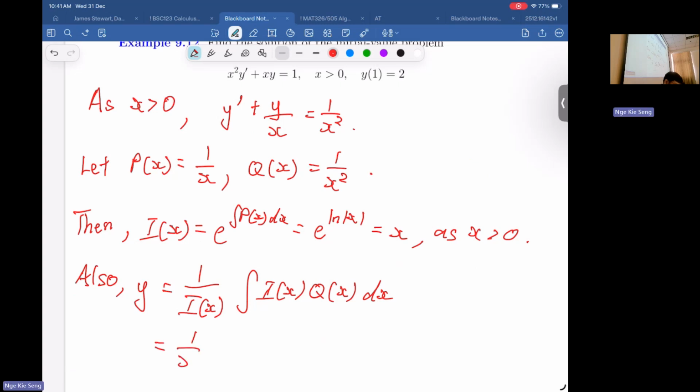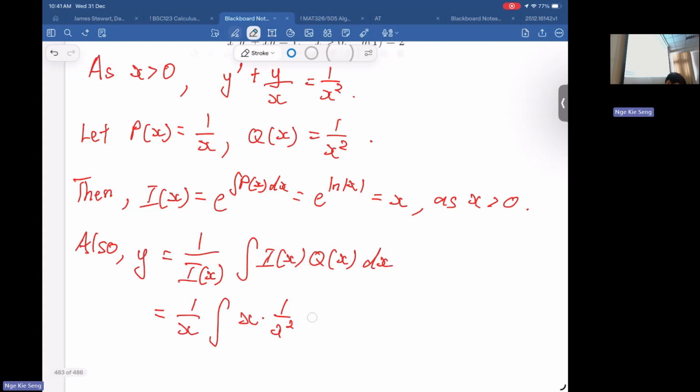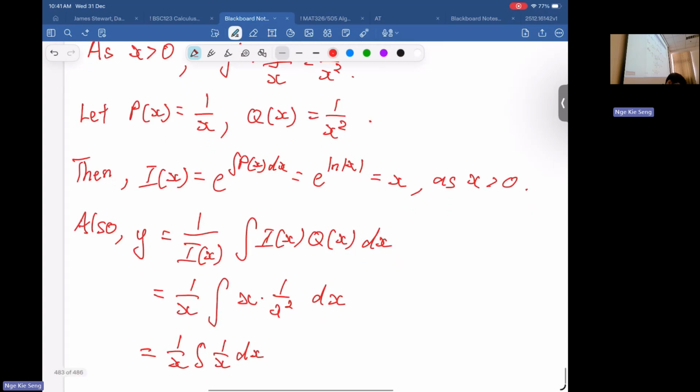So 1 over x, integral of x times 1 over x squared dx, which is 1 over x, integral of 1 over x dx. I think you get ln x, because x is always positive, over x plus C over x, like that. Is that what you get?